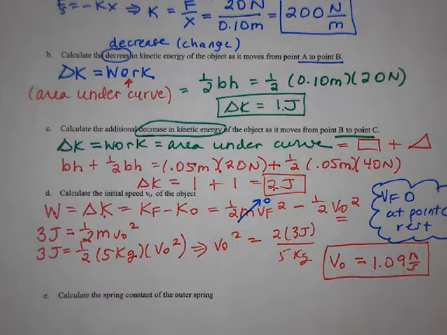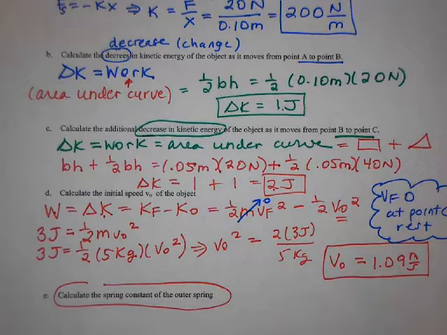So the last part says calculate the spring constant. This is the part where you're going to have to say, are the springs in series or in parallel? You don't have time to derive the equations. So in this case, remember that springs are opposite of resistors.